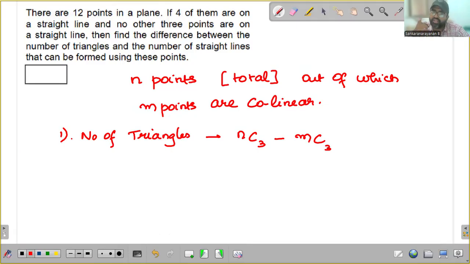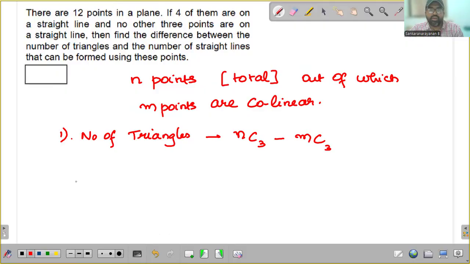So if there are n points in total, out of which m points are collinear, the number of triangles that can be formed will always be NC3 minus MC3, because to form a triangle we need 3 points, and m points are collinear.